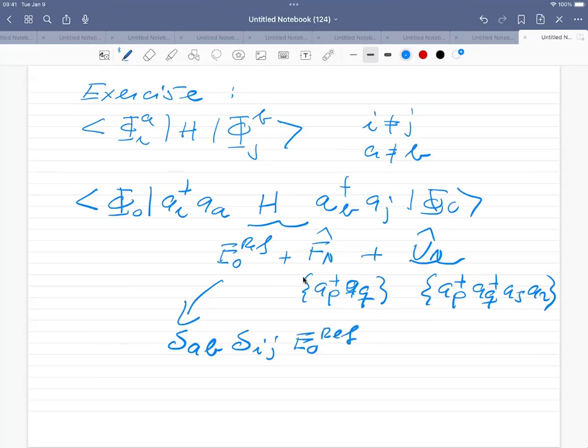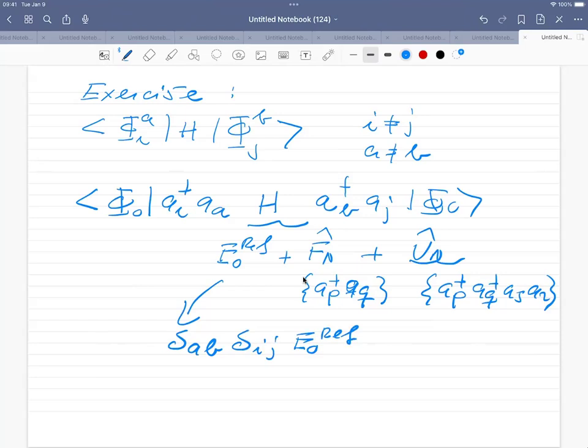Because this term is just a constant, when I take the contractions, the only possibility is that A and B are the same single-particle state, and I and J are the same single-hole state. Does that sound obvious? In that case, this is just a constant which you can leave out.